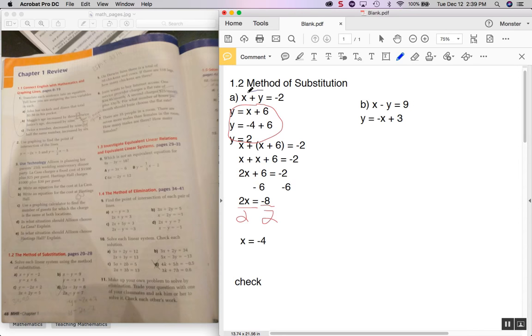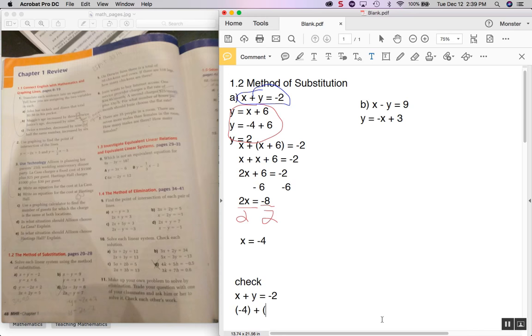So now we're going to use this one in our check. Back to text. We're going to check with x plus y equals -2. So now we put in -4 for x. You could do it like this too, so you know they're substituted variables.